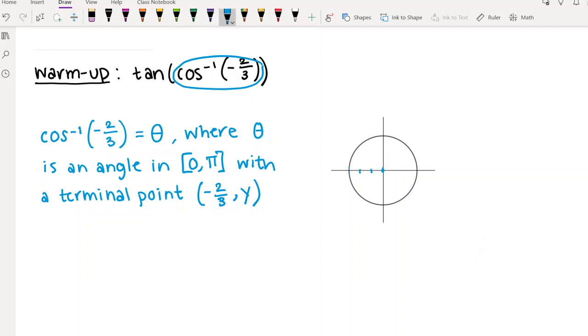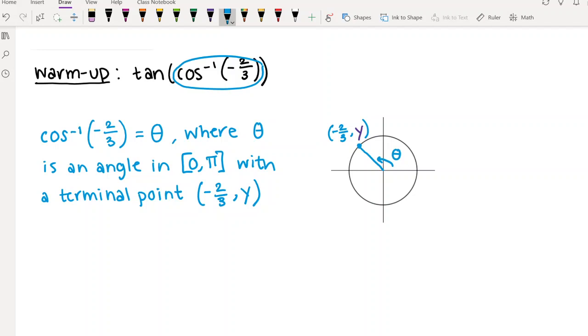So that means that we're going to a point on the unit circle. We want to go up to the unit circle, and the x-coordinate should be approximately -2/3. And maybe I'll use another color for y, because that's going to be our next step. So here's our angle theta.